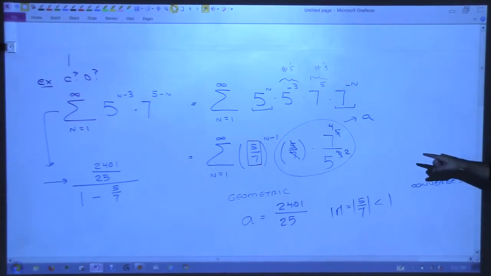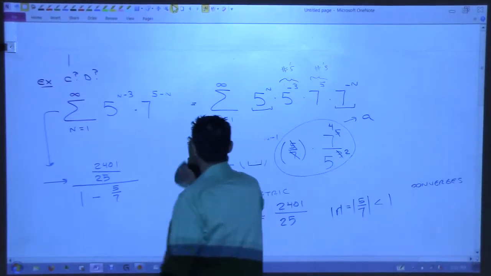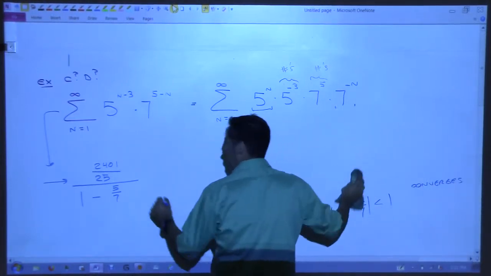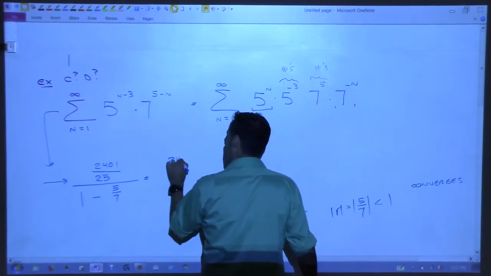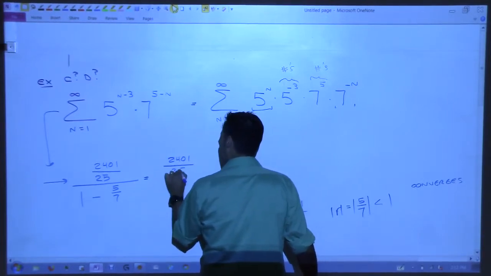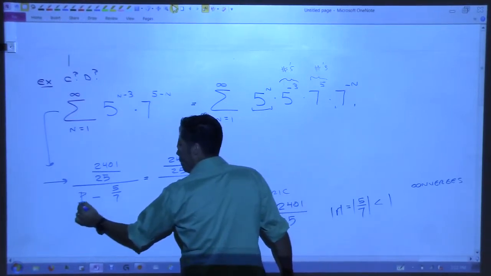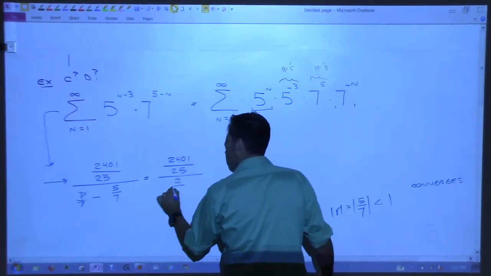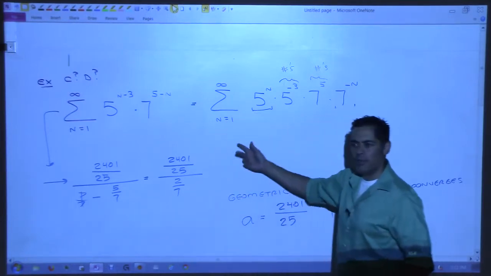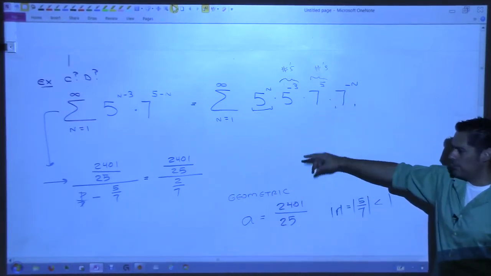That's A over 1 minus r. And that is 2401 over 25 over, let's just subtract, this is like 7 over 7, so 2 over 7. And a fraction over a fraction, you flip, right? You reciprocate that.